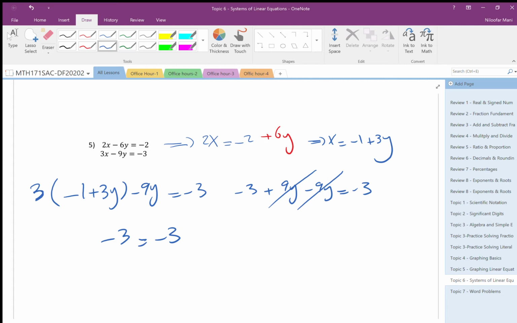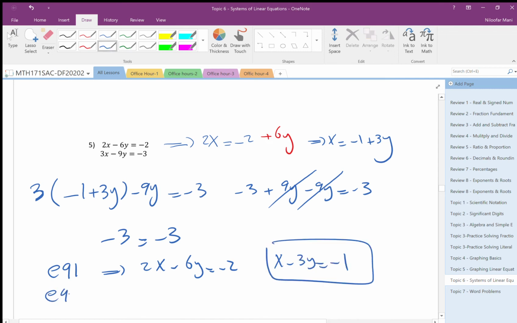And the reason is, look here, my equation 1 is 2x minus 6y equal minus 2. I can simplify 2 with each side, and I have x minus 3y equal minus 1. Perfect. And equation 2 is 3x minus 9y equal minus 3.